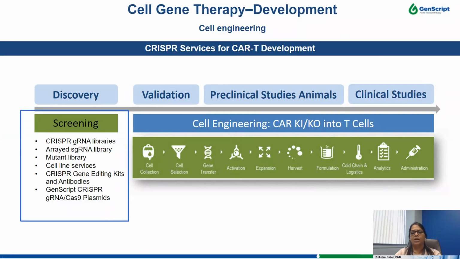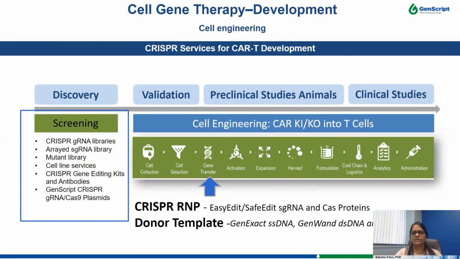portfolio. But along with that, GenScript offers RNP, including synthetic sgRNA and Cas9 protein, and the DNA payload and donor templates, including ssDNA, stable dsDNA, and GenCircle dsDNA.